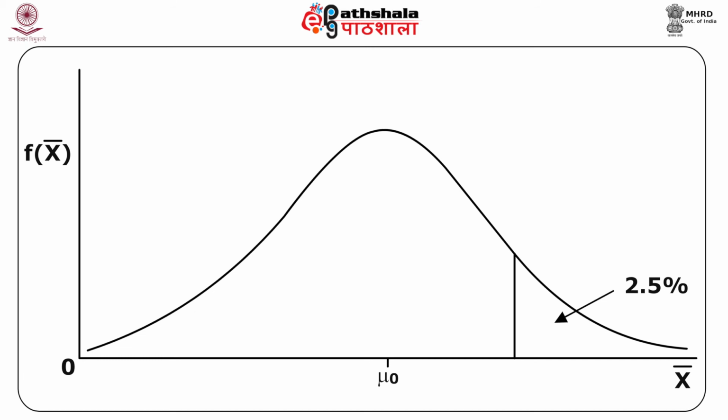In this figure we again have the normal distribution of x bar, the density function of x bar, but now our area of rejection is the upper tail, which we have denoted as 2.5%.